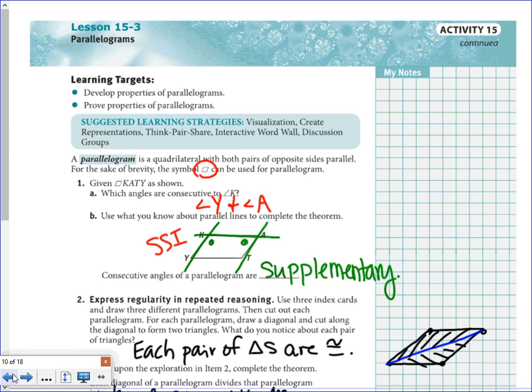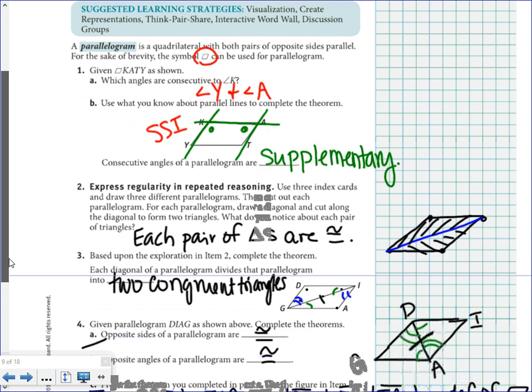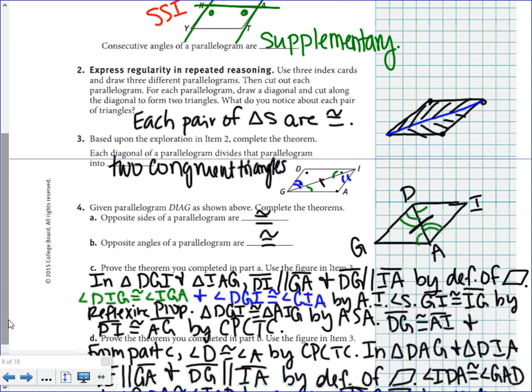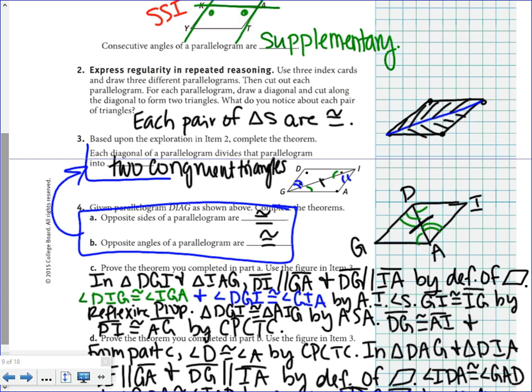So let's go back to the previous page. They're talking about how do we know these two theorems follow from this one. So how are they related? Well, this first theorem tells you that you have two congruent triangles that are in your parallelogram. This next part is talking about the parts of those triangles being congruent.